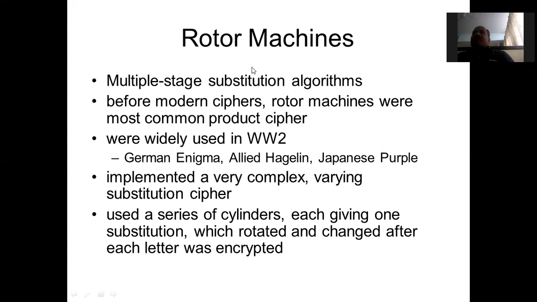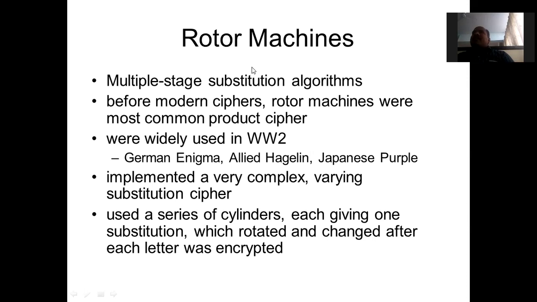The logic used in rotor machines is also very easy. There is no difficulty or complexity in it. Rotor machines are multiple stage substitution algorithms. Why are they called that? I will explain.